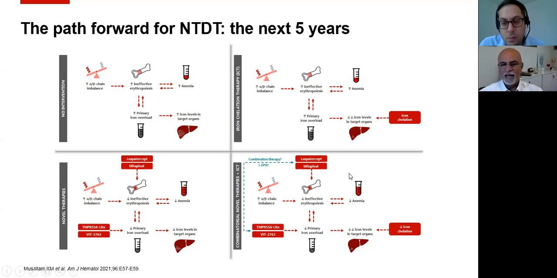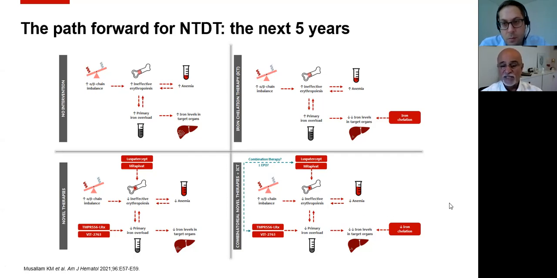I think there are some lessons that every hematologist or physician that sees thalassemia should learn. Still, we need to know when to transfuse these patients. Still, we need to chelate these patients. Still, we need to avoid splenectomy, because we have shown clearly that splenectomy is a main component in developing morbidities.